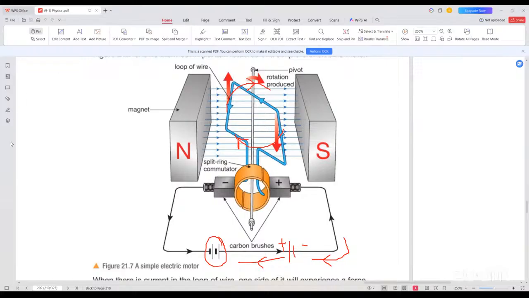Now the rotation direction will be in the opposite way. So instead of this clockwise direction, now you will experience a rotation in this direction. You can apply Fleming's left-hand rule and see for yourself, right?